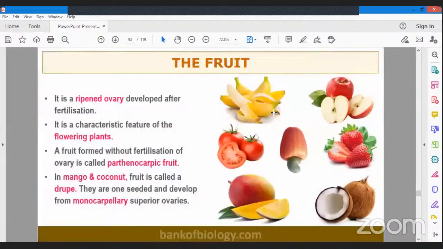So here, what is a fruit? Fruit is the ripened ovary which is developed after fertilization. It is a characteristic feature of flowering plants where the seeds are covered by the fruit. A fruit formed without fertilization is called a parthenocarpic fruit. In mango and coconut, the fruit is called a drupe, which is basically one seeded and developed from monocarpellary superior ovaries.